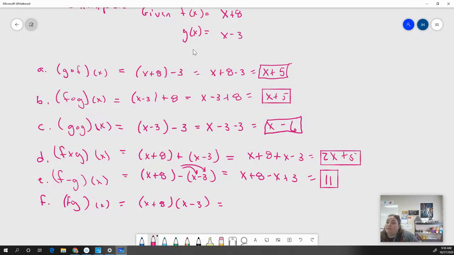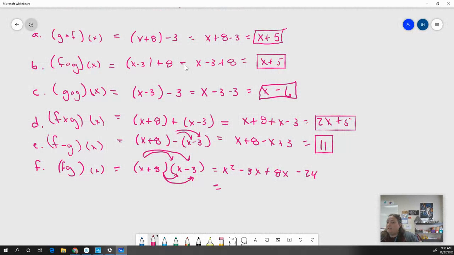I would go x times x is x squared, and then x times minus 3 is minus 3x, and here I go 8 times x gives me plus 8x, and 8 times negative 3 is negative 24, and then I would simplify, and I would get x squared plus 5x minus 24.